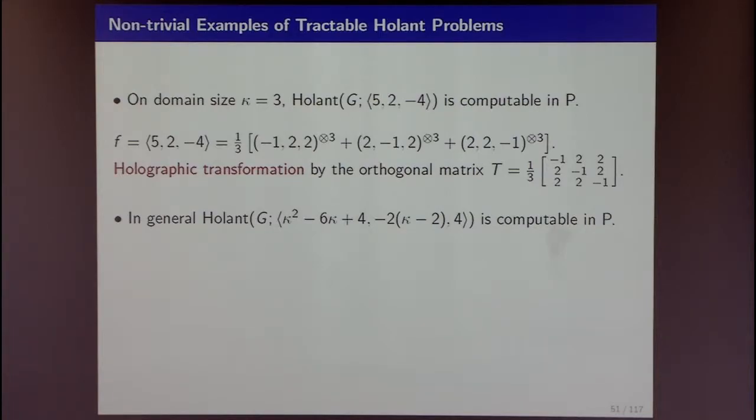I'm skipping a lot of details. Confused, this seems a symmetric tensor? Yes, it is, exactly. These are symmetric ones. In general, you can say, for kappa colors, kappa squared minus 6 kappa plus 4. Okay, you got the point, right? So these are things that are not obvious. But remember, if you want to prove dichotomy theorems, you'd better not prove this thing hard.